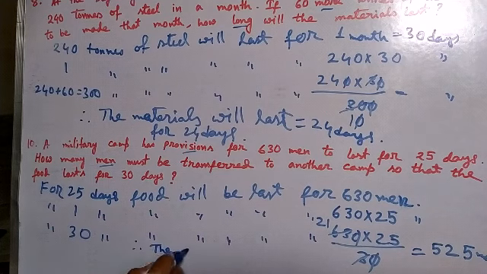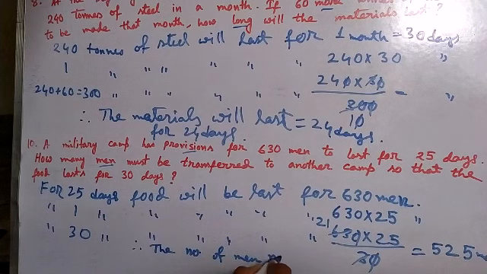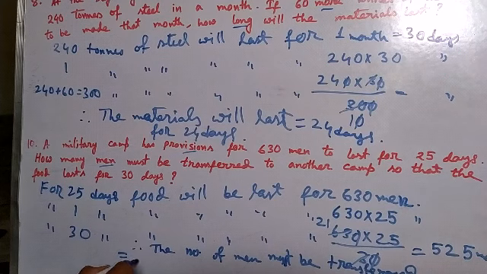So the number of men that must be transferred is equal to 630 minus 525, equal to 105. So 105 men must be transferred to another camp.